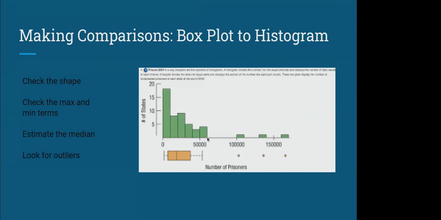We can estimate the median. Again, this is also a lesson in reading a graph. So here, it's more than 15, less than 20. So we would estimate here that, let's say we estimate this to be 18.